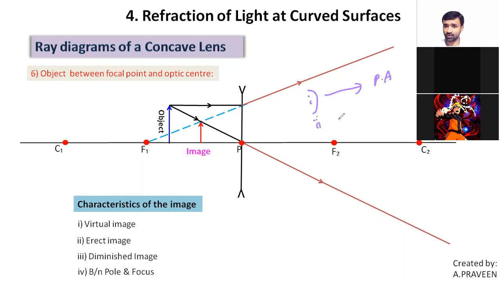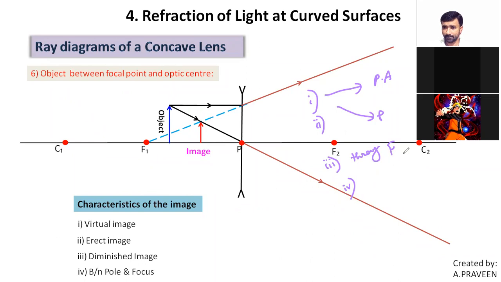Second situation is passing through pole. Third situation is passing through focus. Situation 4, am I correct? Can anybody remind me of those situations? Open your textbook. Are these correct? Let us check.